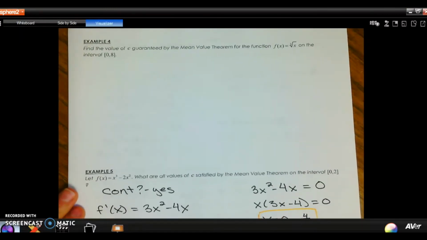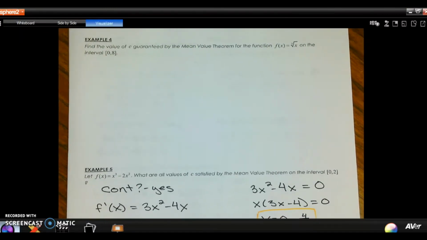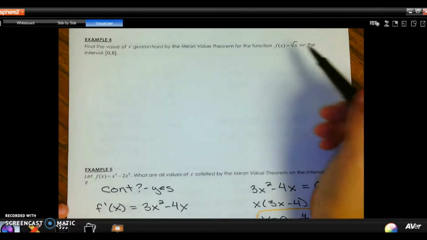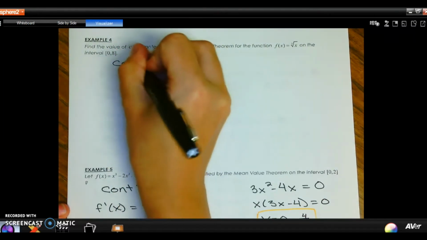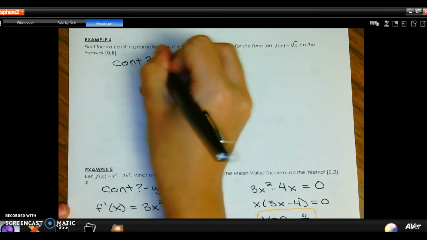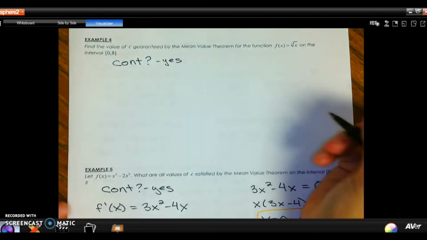An example of that would be up here. Find the value of C guaranteed by the mean value theorem for the function y equals cube root of x on the interval 0 to 8. Cube root of x, we know that that's continuous, so I always make a comment on the continuity: continuous, yes.